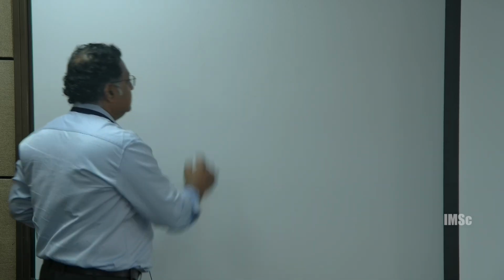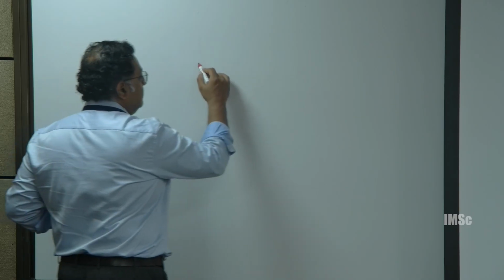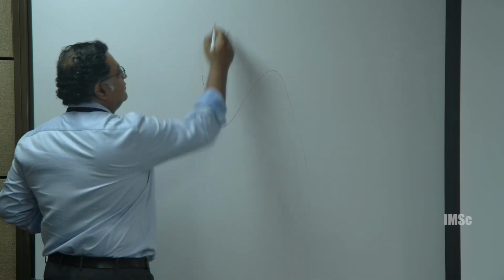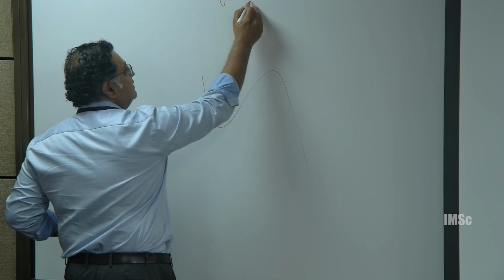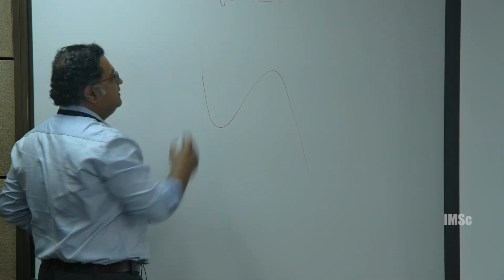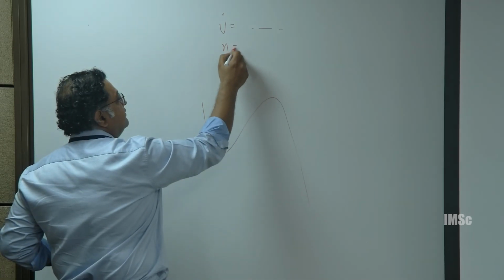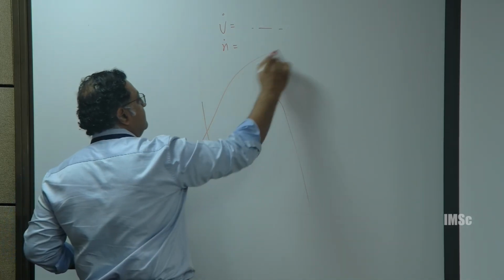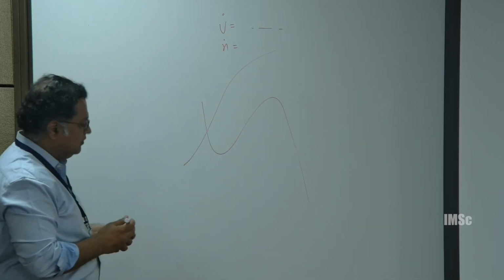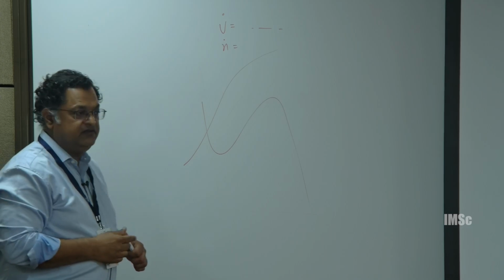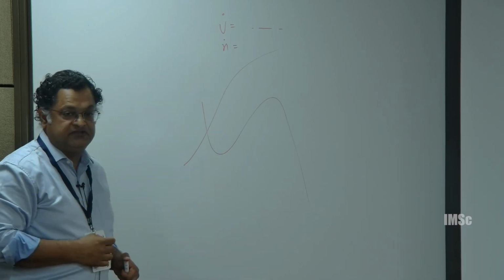You've seen that this is the voltage nullcline, and this is the recovery variable nullcline. Oftentimes one studies singular versions of these.